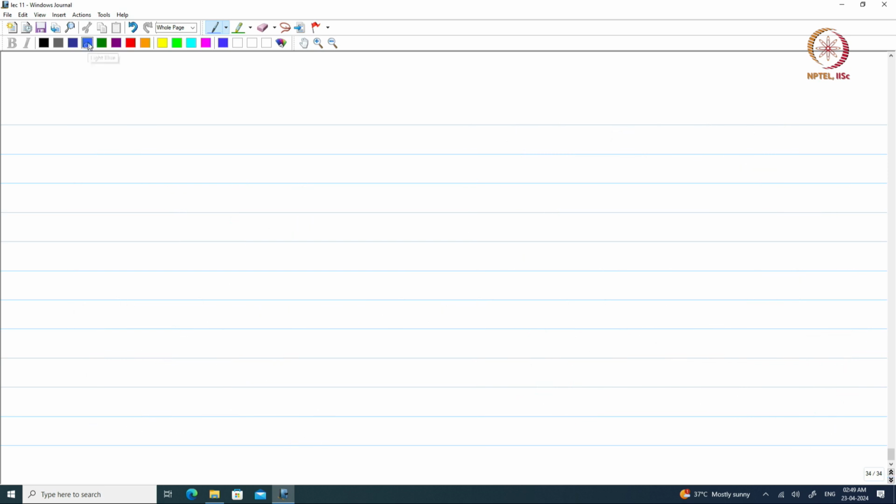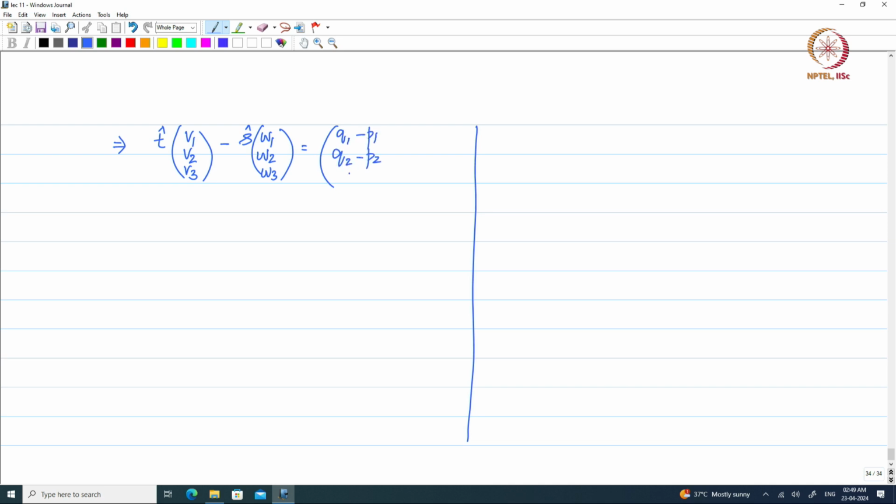we see that we are going to have t hat into (V1, V2, V3) minus s hat into (W1, W2, W3) is equal to (Q1 minus P1, Q2 minus P2, Q3 minus P3).